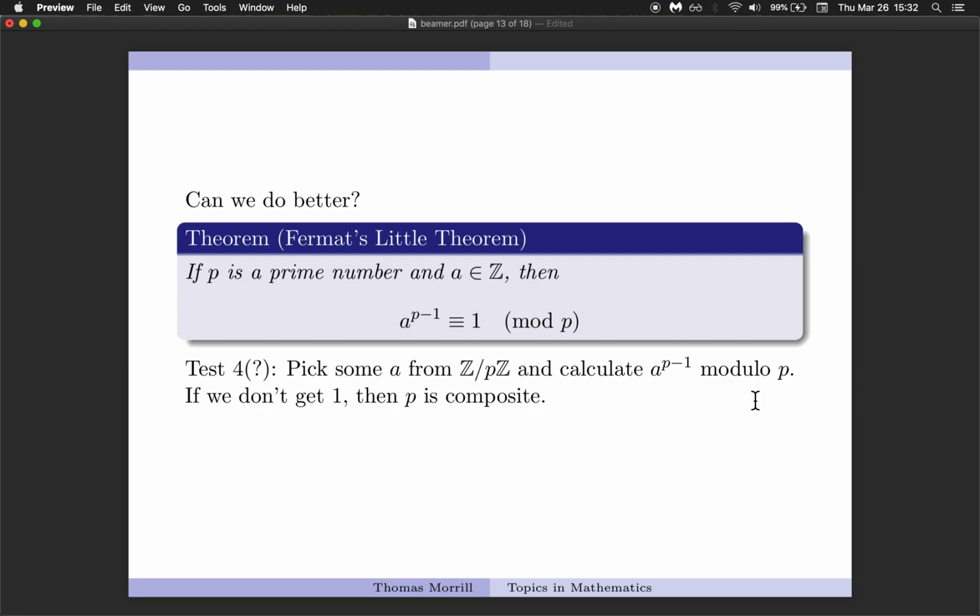Well, the contrapositive doesn't quite work like that. But if I don't get 1, I definitely know that p is composite, right? I follow this equation just like Fermat says. I didn't get 1, so that means p can't be a prime number, right? That's the setup to this theorem.